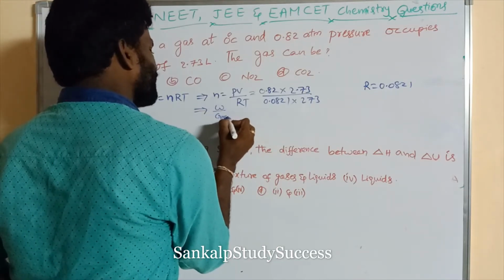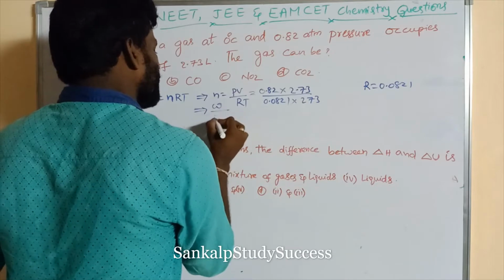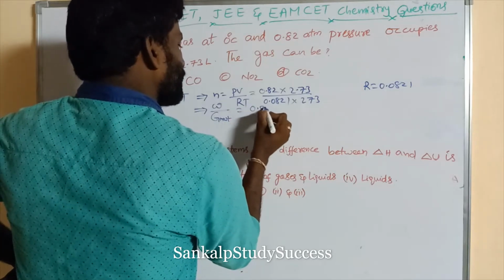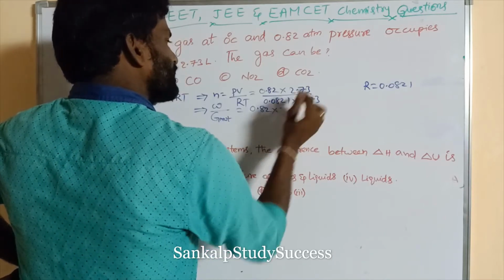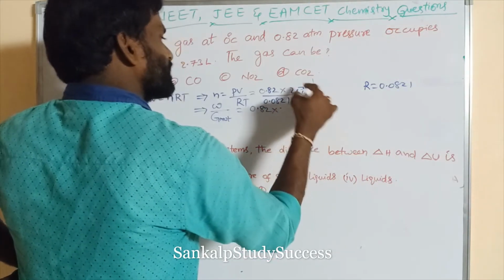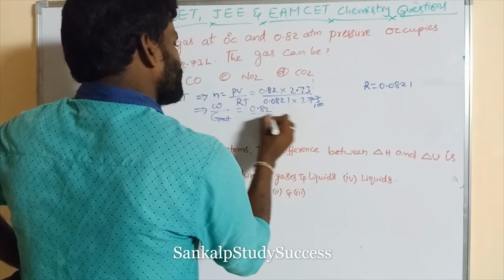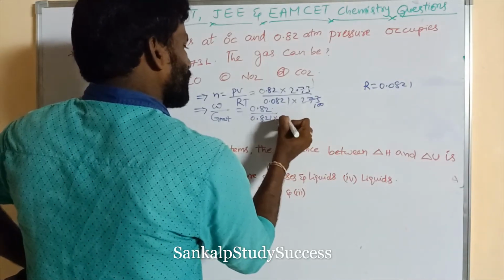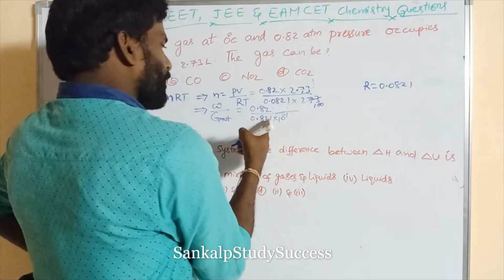So the number of moles is weight by gram molecular weight, which is equal to 0.82 into 2.73, divided by 0.0821 into 273. 2.73 can be written as 273 by 100, and 0.0821 can be written as 0.821 into 10 to the power of minus 1.